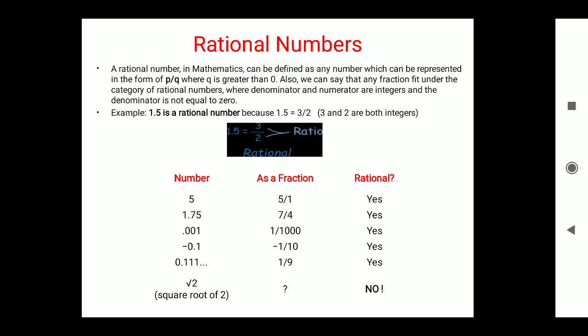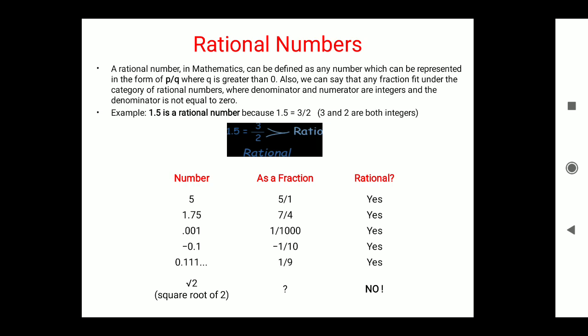They are not rational. Alright, if we talk in a simple manner, the integers which are in the form of P upon Q, where Q is not equal to 0, are called rational numbers.